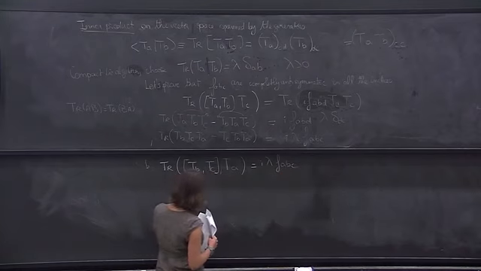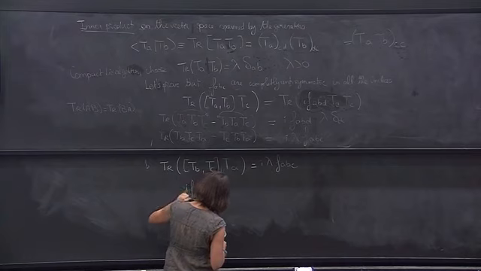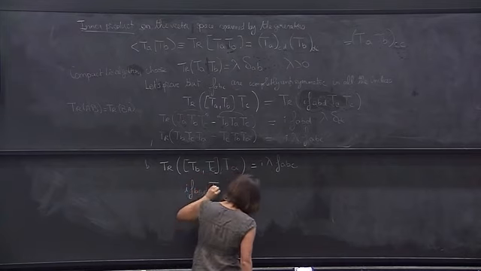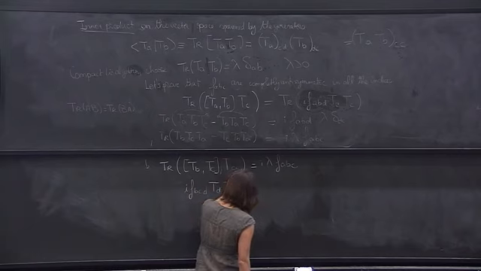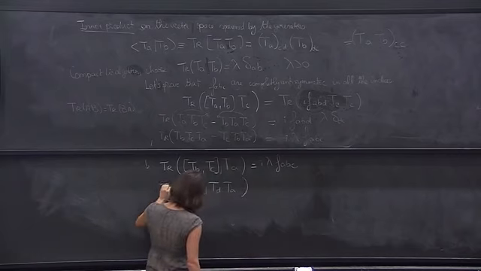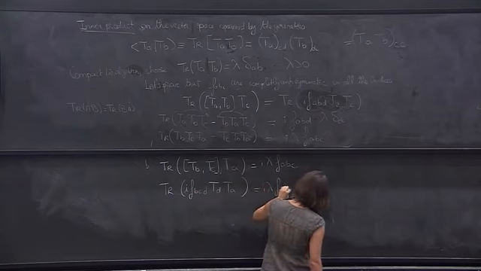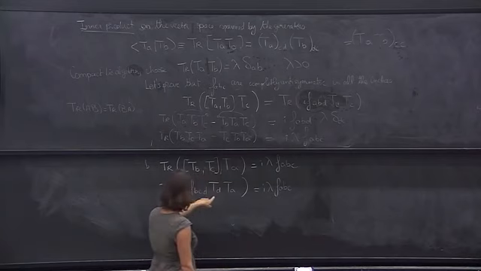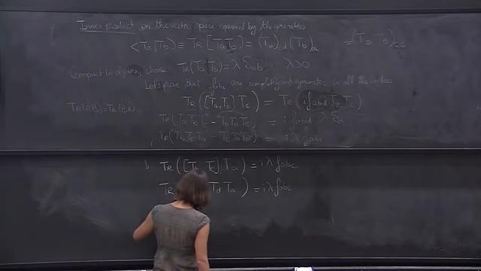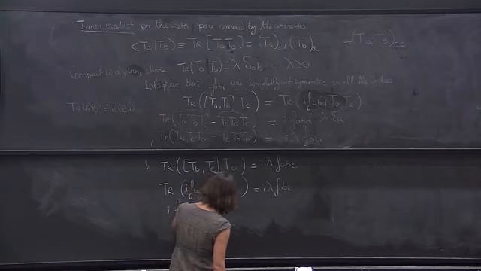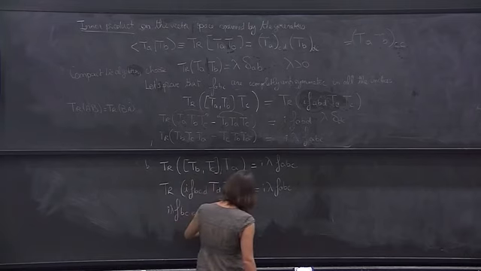Again, the commutator of T B, T C is equal to I F B C D T D, T A. Here, nothing has changed. Using again the fact that this is a number, the trace of T D T A is just a delta, I get I F B C A is equal to I lambda F A B C.